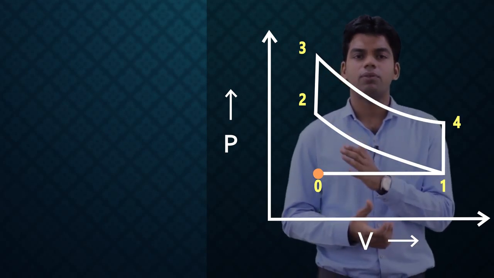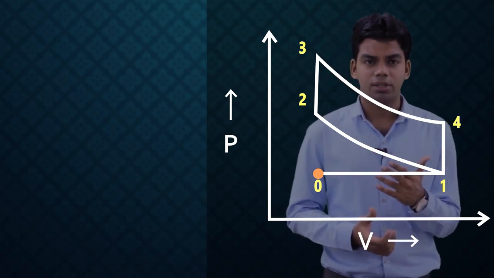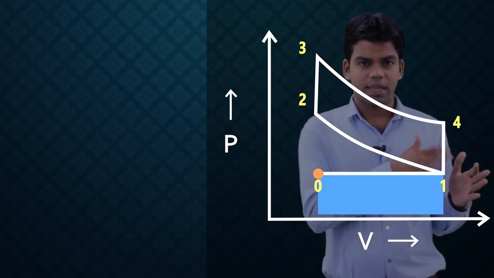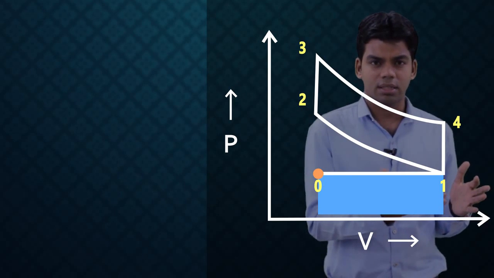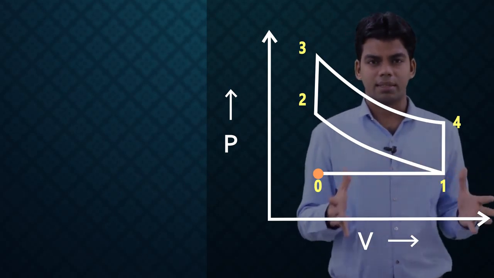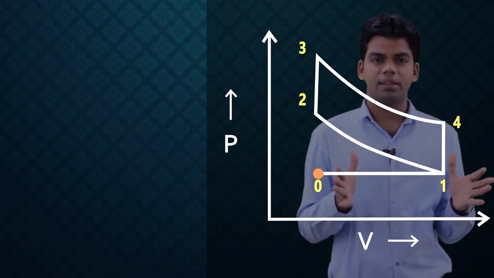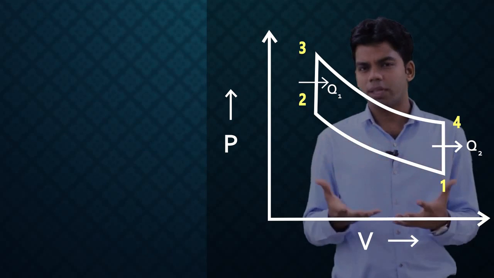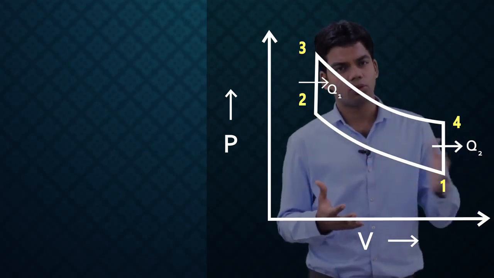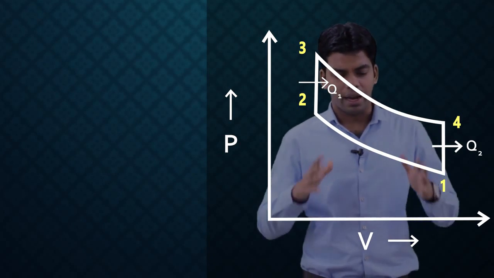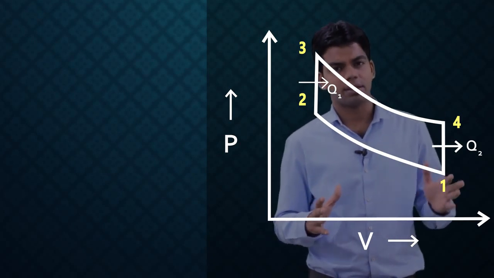That means the work which is done by the system, by the engine, during 0 to 1, the same work has to be done on the system, on the engine, from 1 to 0, and that work will be cancelled out. So, we can eliminate this 0 1 line, because we assumed it to be a reversible process, and from 0 to 1 and 1 to 0 the positive work and negative work will get cancelled out, and finally we will get the cycle as 1 2 3 4.